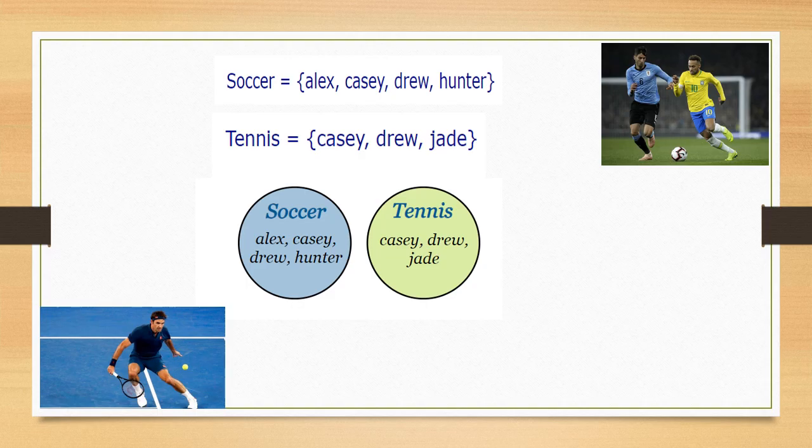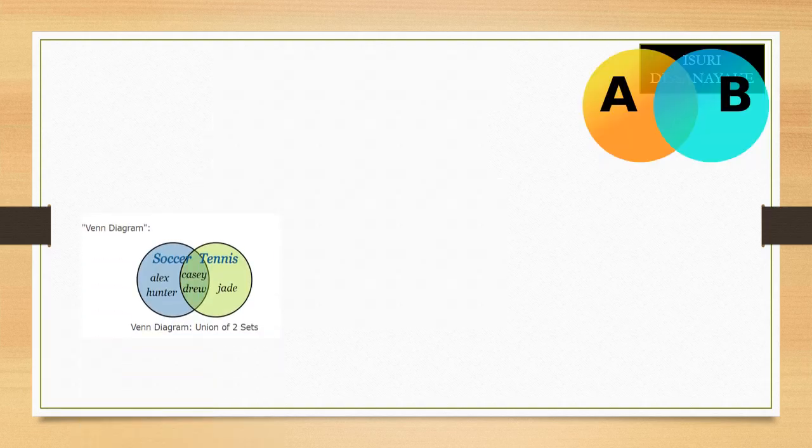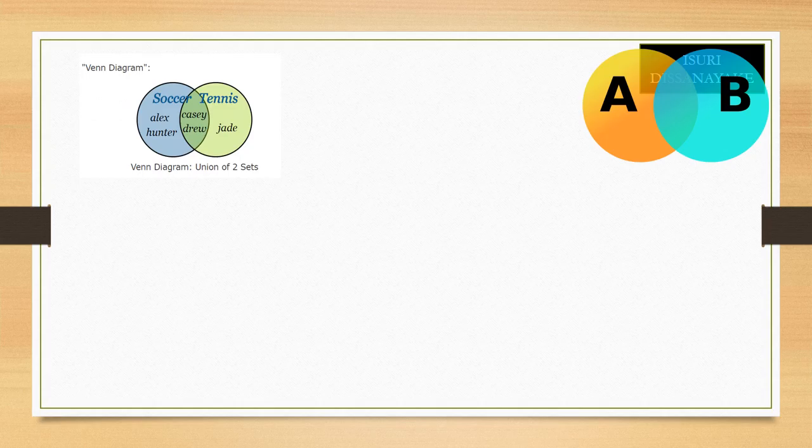What do I do when I show this information in a graphic? I will draw a Venn diagram. This is the Venn diagram, and you can see that the two circles overlap. In this overlapped region I put the information of the common elements of both sets. Here soccer and tennis are the two sets.